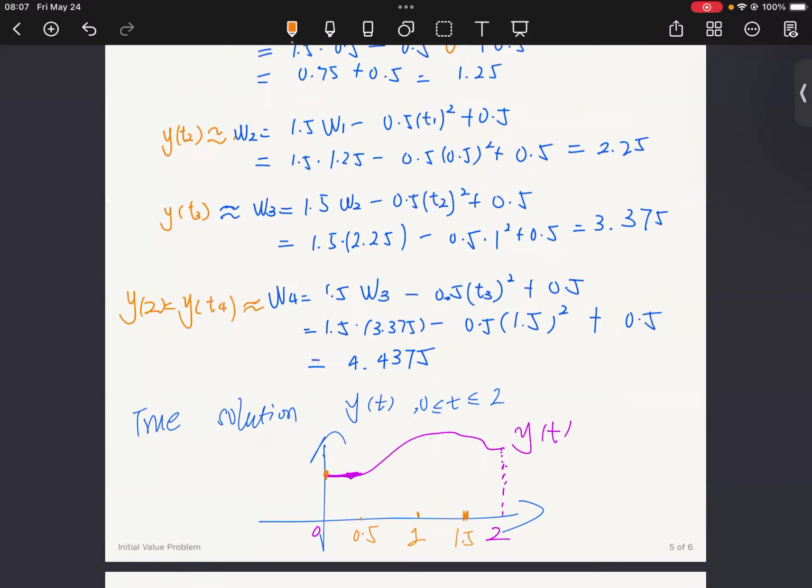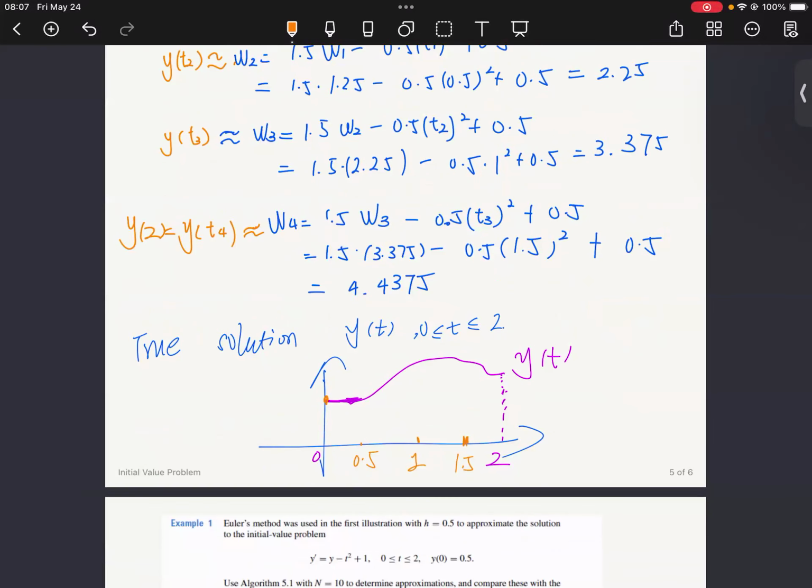Here we have y evaluated at t0, y evaluated at t1, y evaluated at t2, y evaluated at t3. They are the nodal points, the time nodal points here. This is the t, and this is the y value. And we have many y values evaluated at the time nodal points.